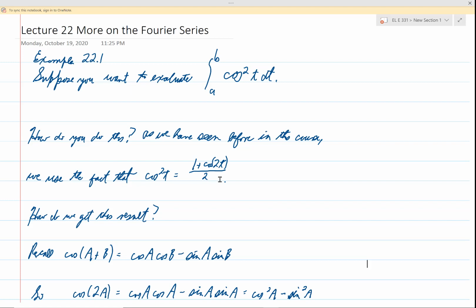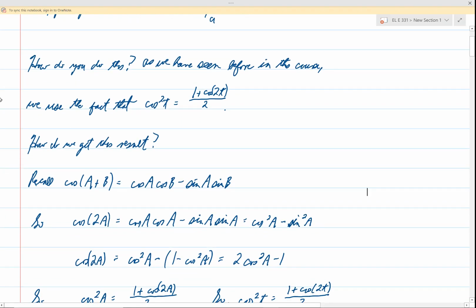Now this raises the question of, how do we know that cosine squared t is (1 plus cosine 2t) over 2? How can we arrive at this result? One of the most common ways that you will see people show for getting this result is the following.